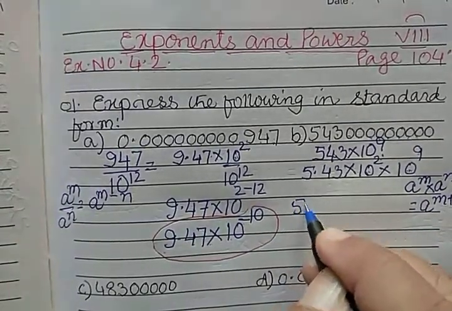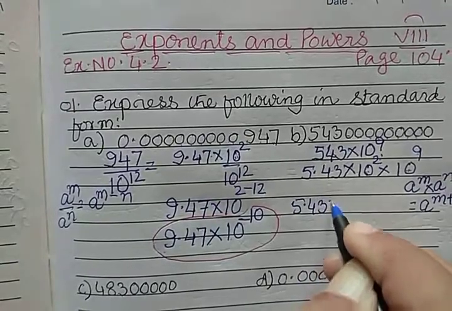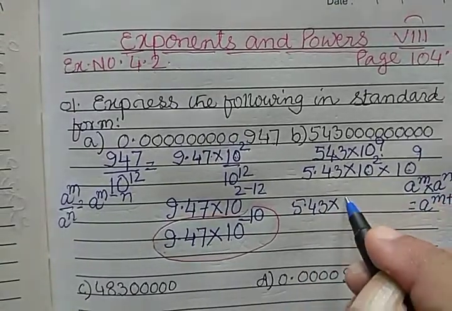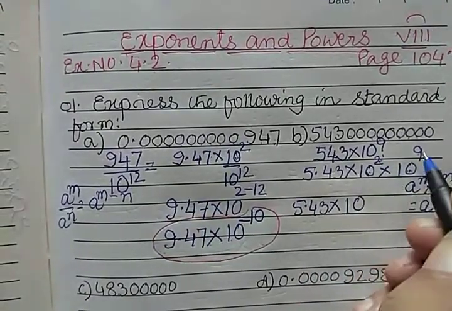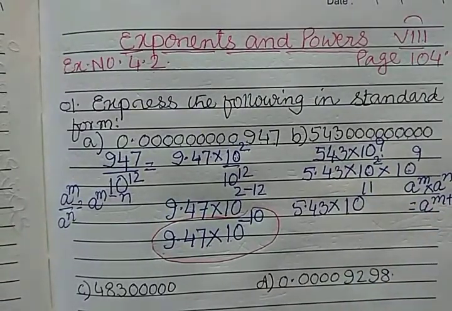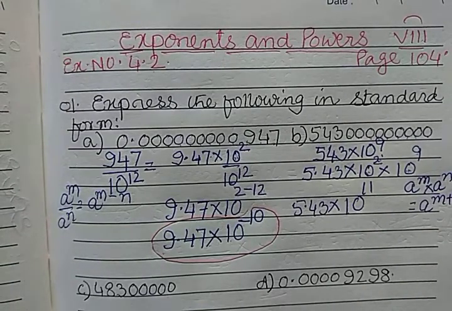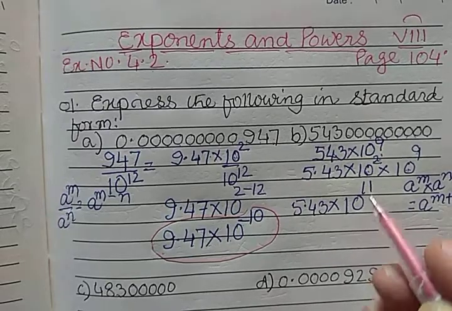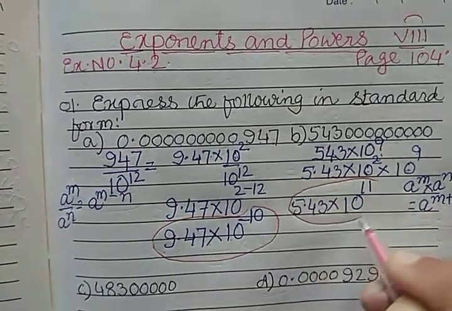So 5.43 into 10 to the power of 2 plus 9, which is 11. So 543 followed by 9 zeros is equal to 5.43 into 10 to the power of 11.